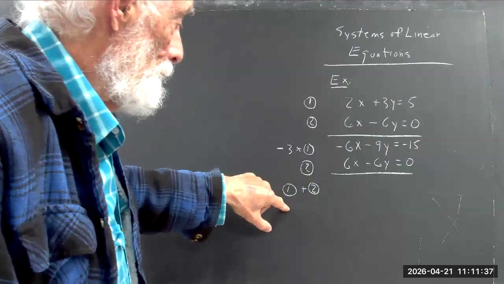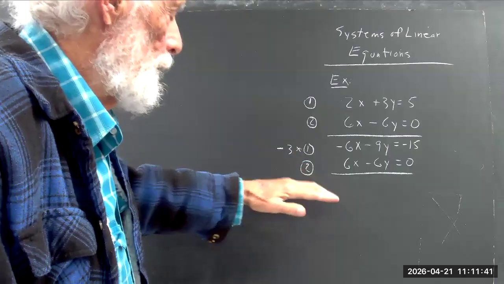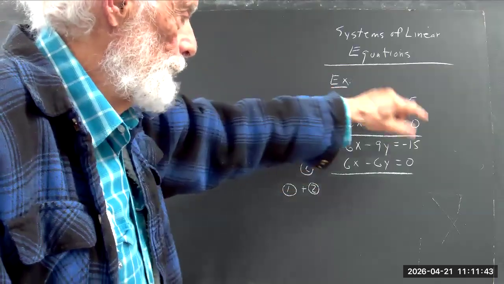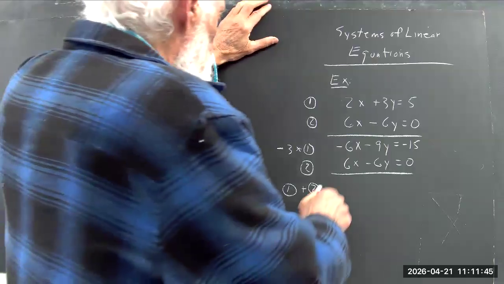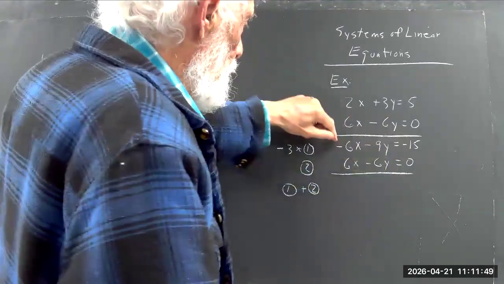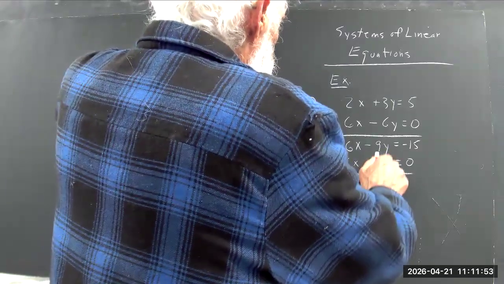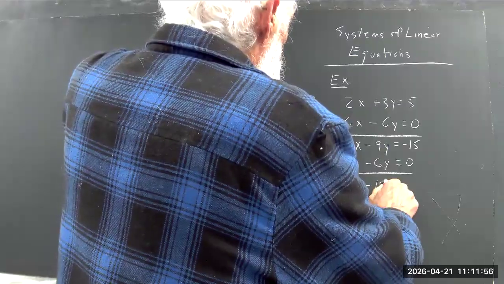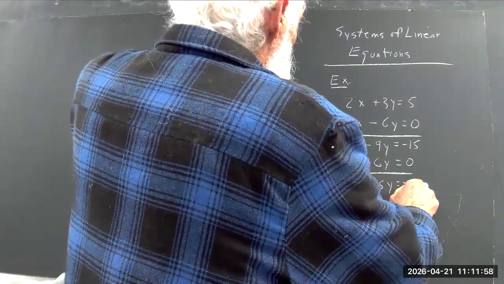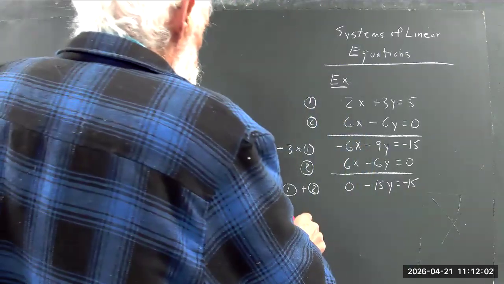Okay, so equation 1 is the circled 1 now in my third step here, the -6x minus 9y equals -15, which is going to be added to equation 2. And they're lined up, so you can just add them. -6x and 6x gives us 0. -9y minus 6y is -15y. And that equals -15. Okay.